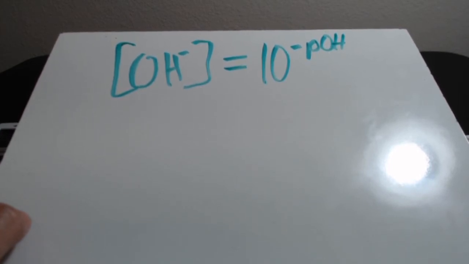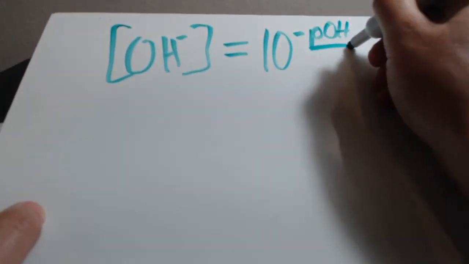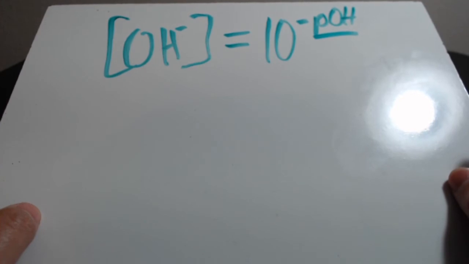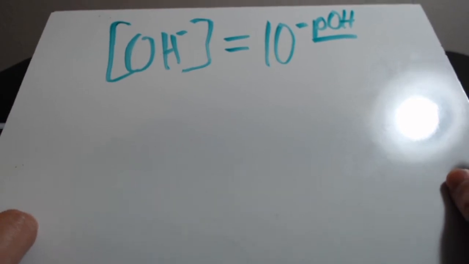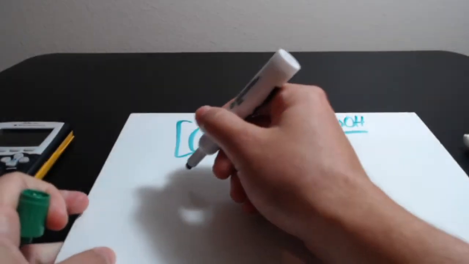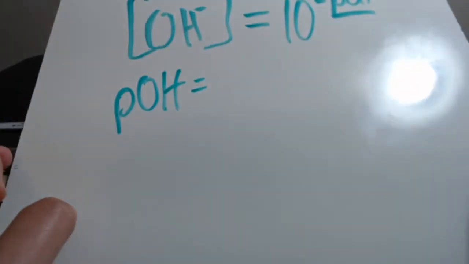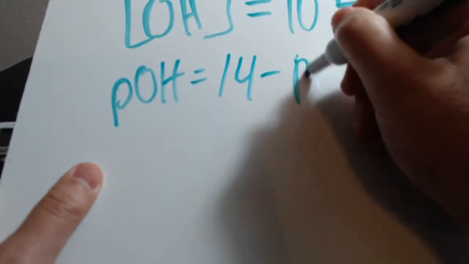First step is we have to take that given information and find pOH first. But as I said at the beginning of this video, if you know one, you know the other. It's pretty simple. Just subtract it from 14. So the first thing we're going to do is solve for pOH, because we know pOH is equal to 14 minus the pH.